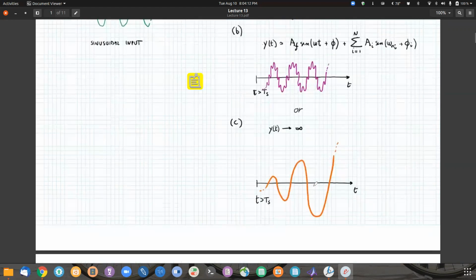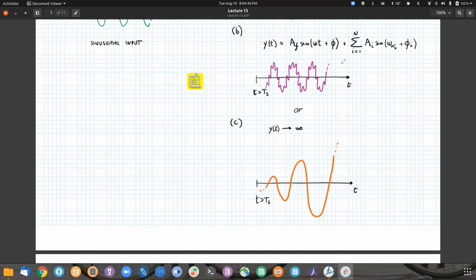Case C, in which, as you can see here, the output just oscillates with increasingly bigger and bigger amplitudes, so it's going to be an unstable response. This happens when one of the natural frequencies of the system coincides with the input frequency.